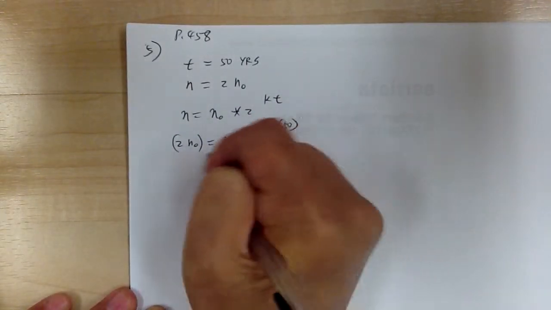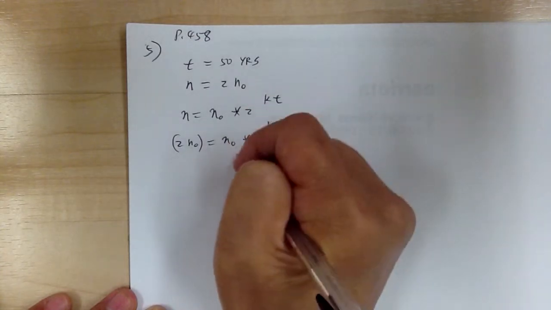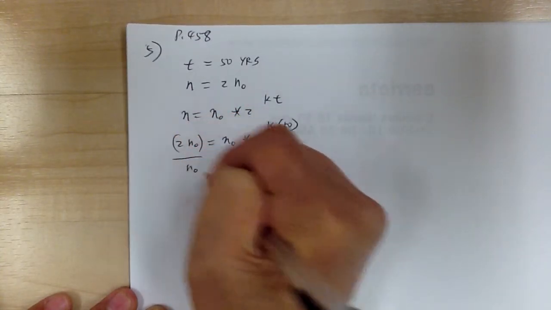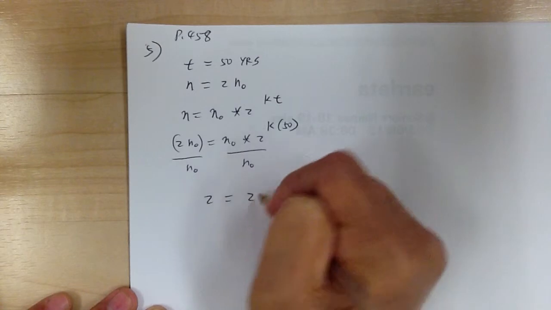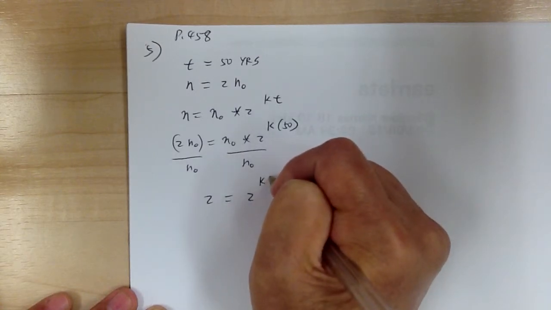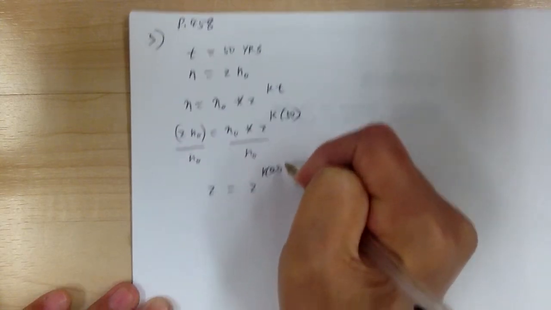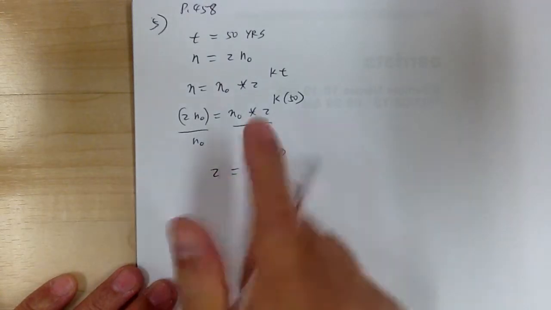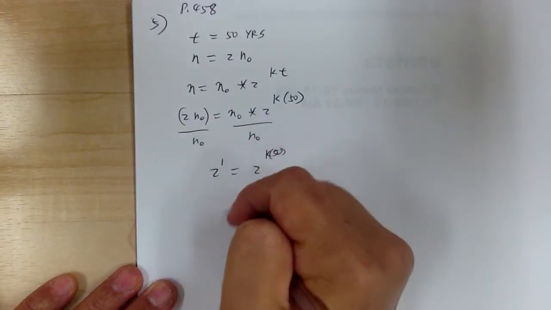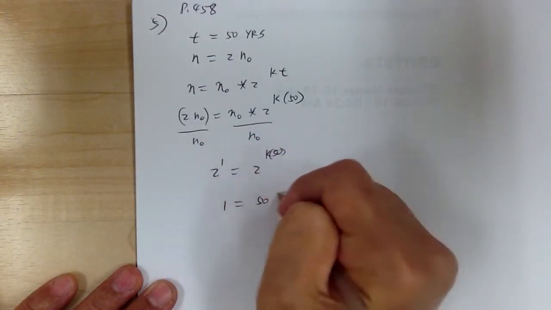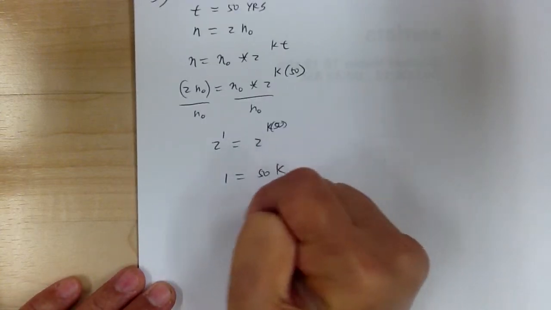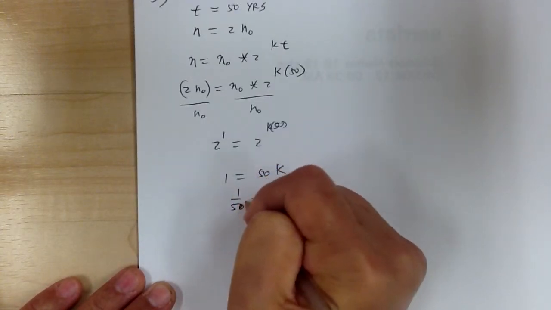Divide by n0 on both sides. So you get 2 equal to 2 to the k times 50. By matching, this means this is 1, so 1 is equal to 50k. So k equals 1 over 50.